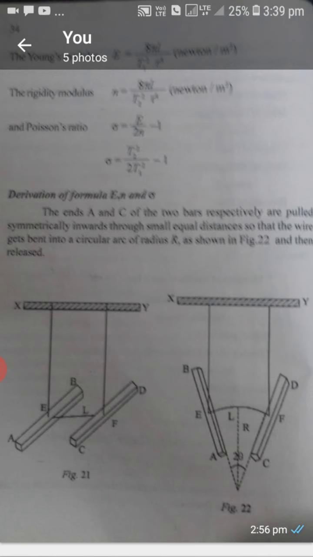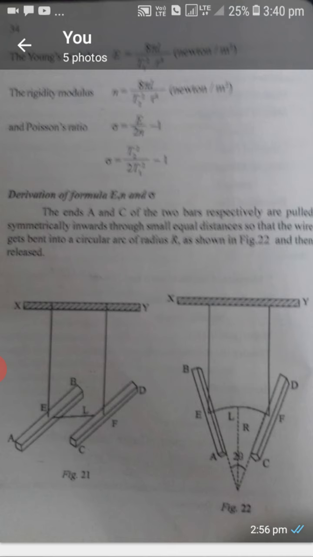That is E into pi r power 4 by 2L into I will be equal to omega square. You divide throughout by I, then this I gets cancelled. Therefore d omega by dt is equal to E pi r power 4 by 2L I into theta, that is equal to omega square. Therefore angular acceleration is proportional to angular displacement, that is theta.